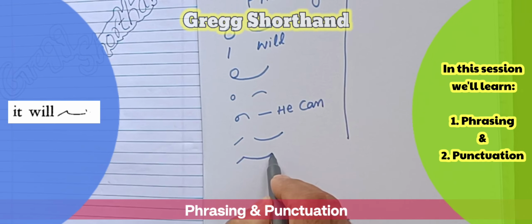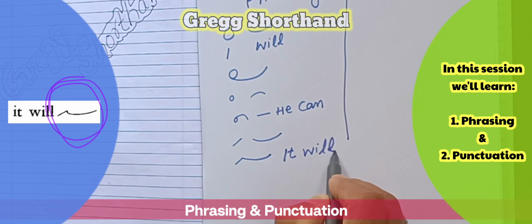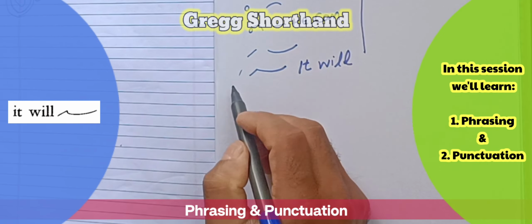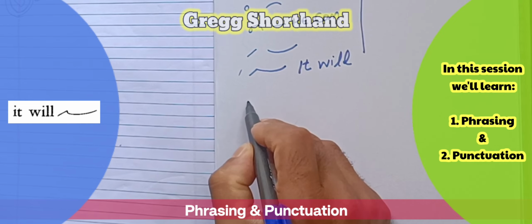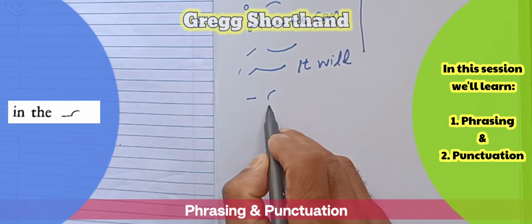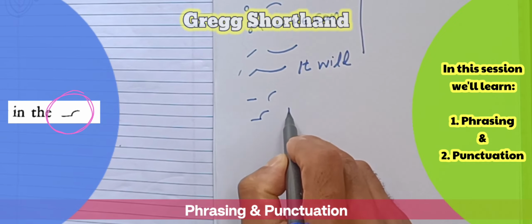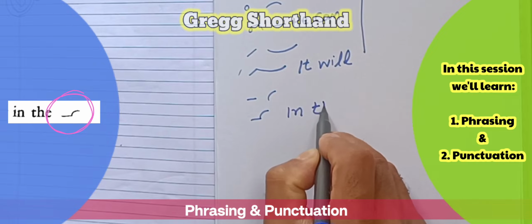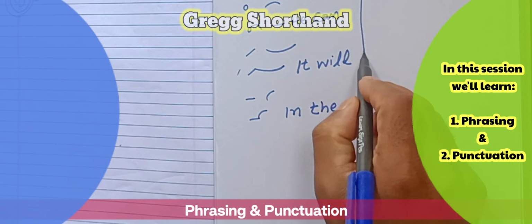This becomes it will. Similarly, if we have to write in the, if we join them together, this becomes like this: in the. This is called phrasing.